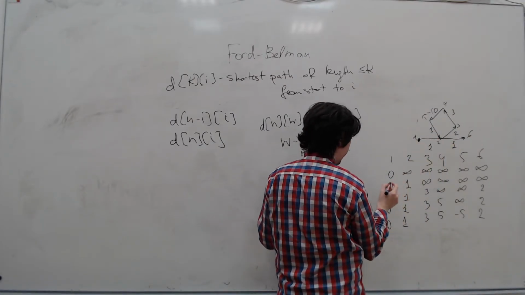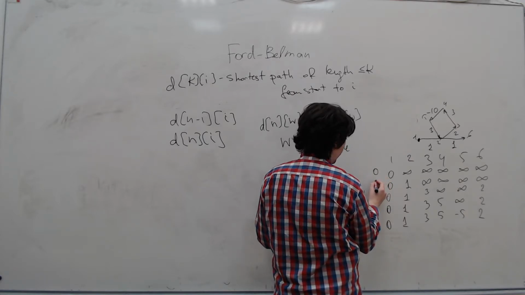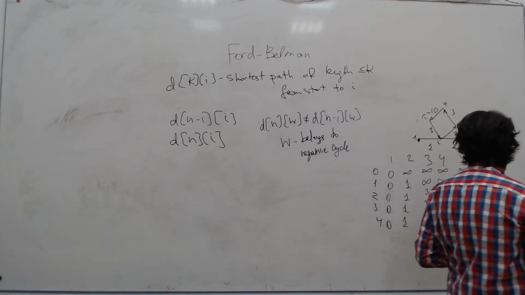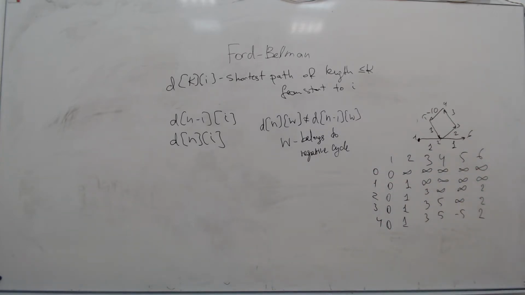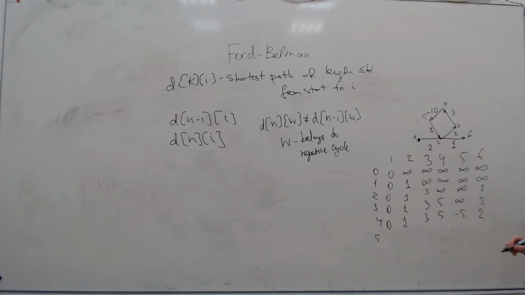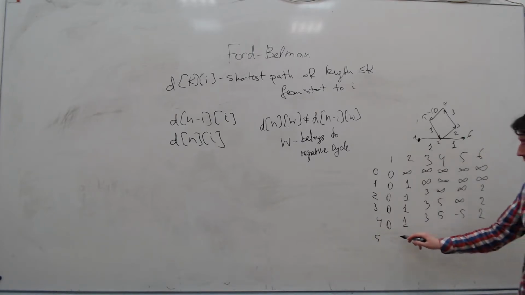We have 6 vertices, and we do 0, 1, 2, 3, 4. It came faster than I did, but on the 5th iteration it will be here.